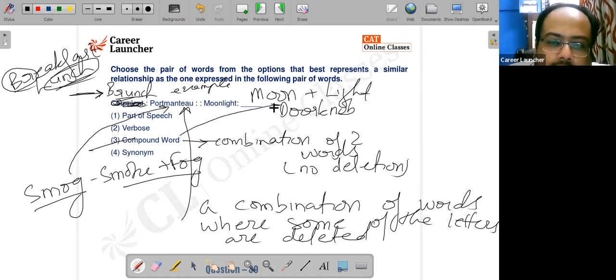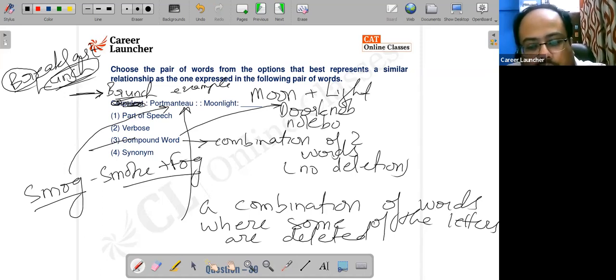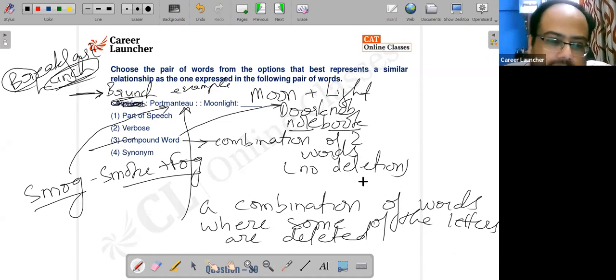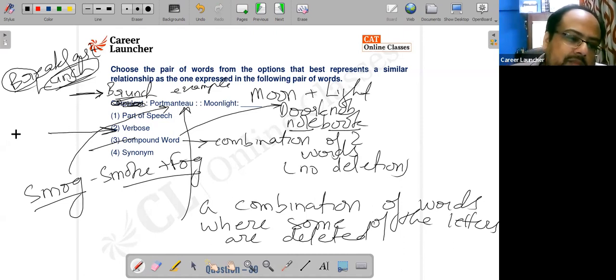Doorknob is a compound word because it is a combination of door and knob. Something as simple as notebook is also a compound word, because it is note and book. These are two different words. These are just some examples. What does verbose mean? Verbose means wordy.